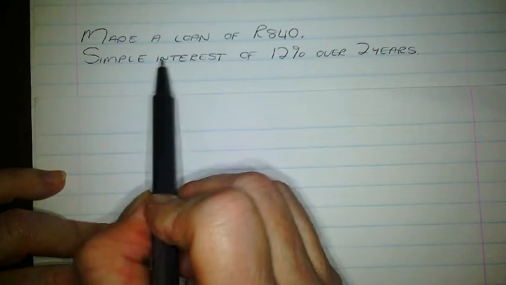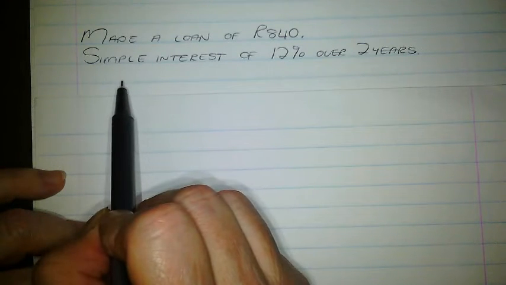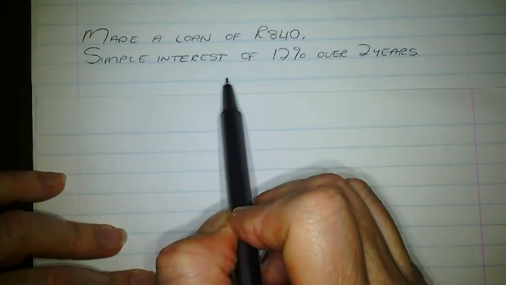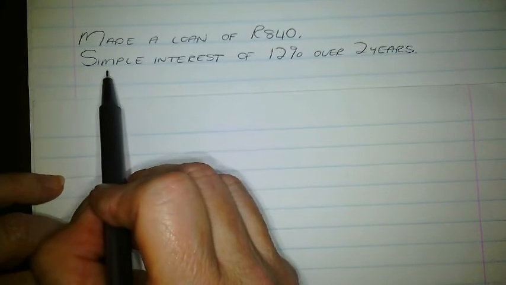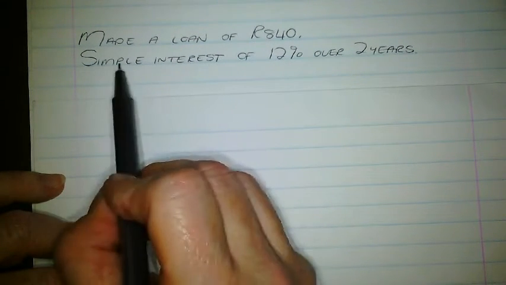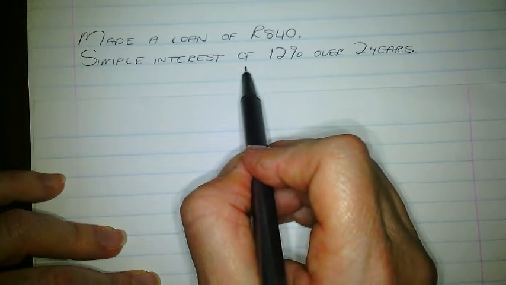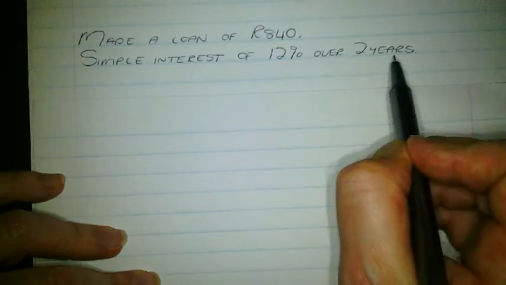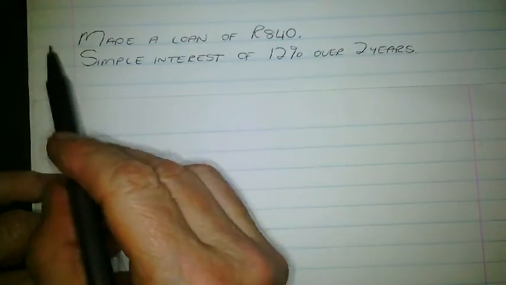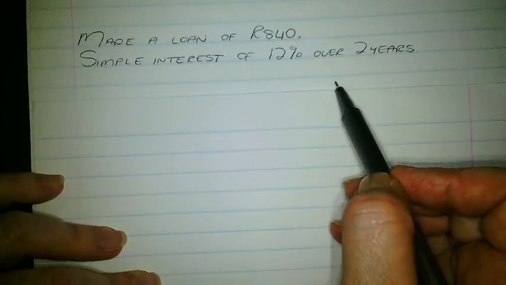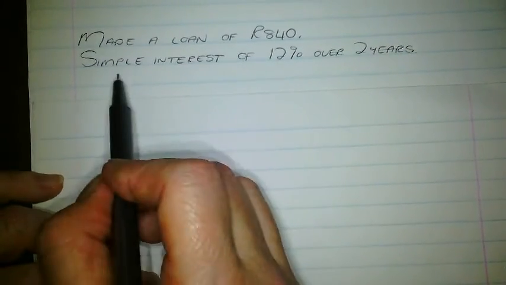If we have a look at the information that we're going to use, you made a loan, for example, of 840 Rand, and you had to use the simple interest method of 12% over 2 years. So that's a lot of information. There are 3 numbers that you have to work with, and you have to calculate the simple interest.